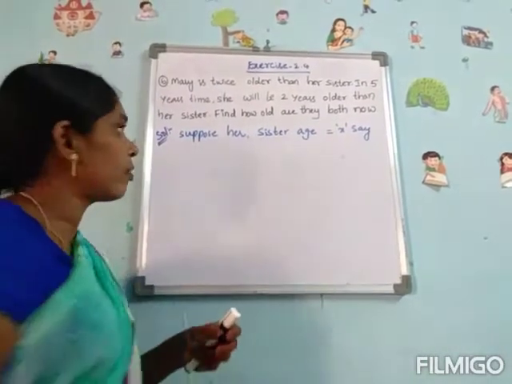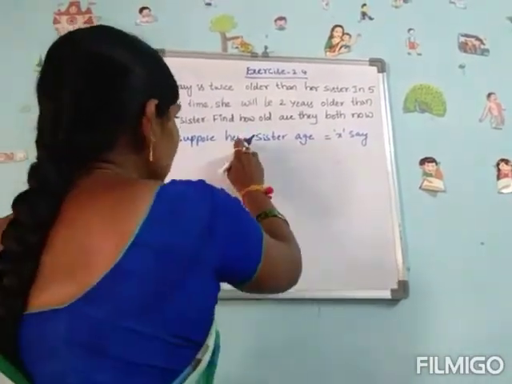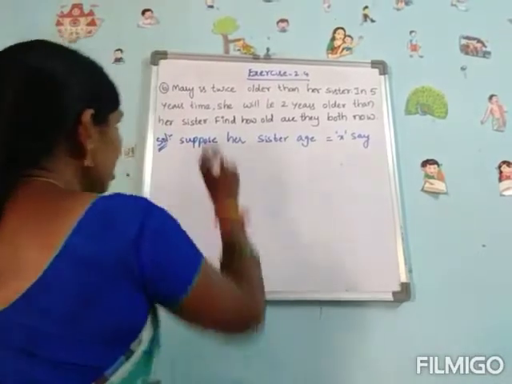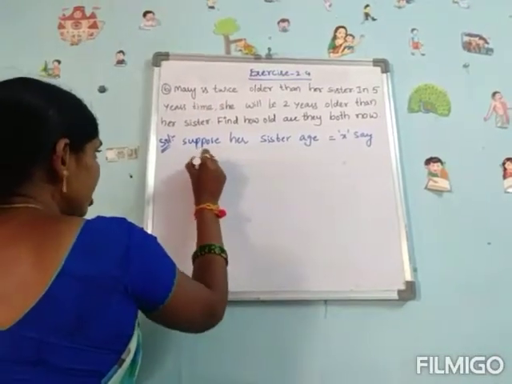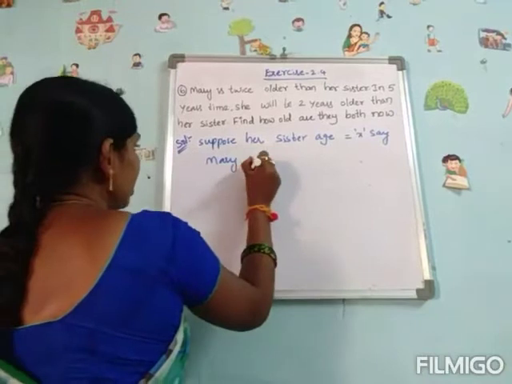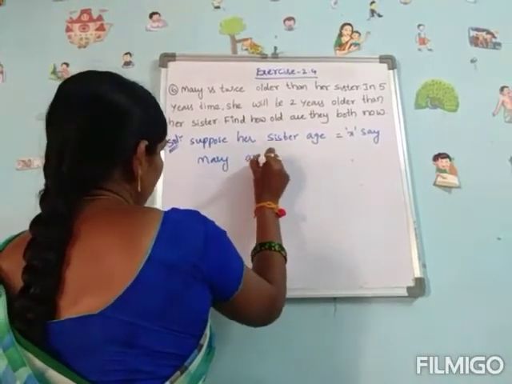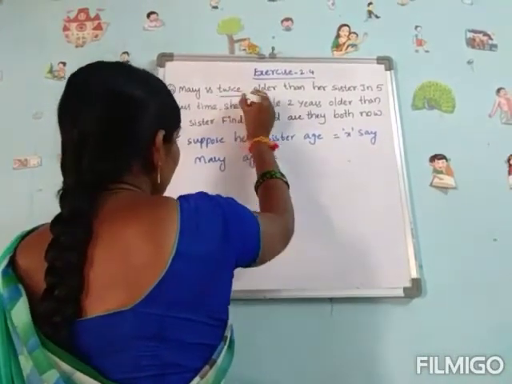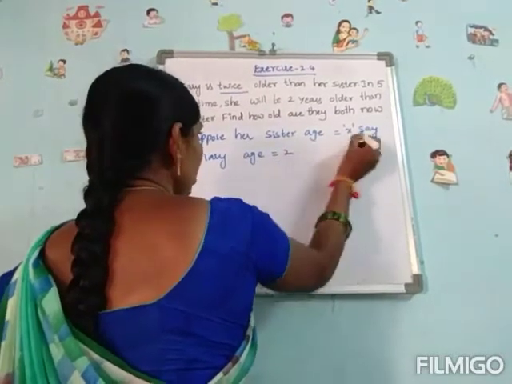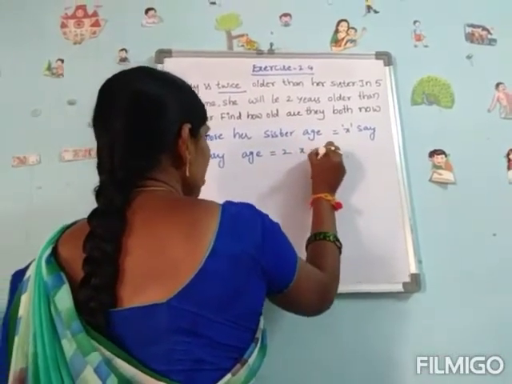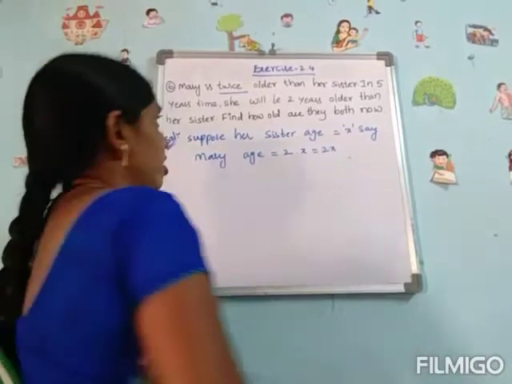So we have to assume her sister's age is x years. So then what becomes Mary's age? Mary's age is twice. Twice means 2 times 2 into her sister's age, that is 2x. 2 into x is 2x.